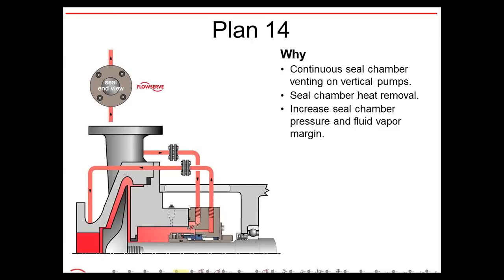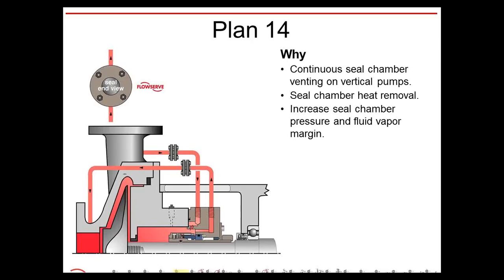So you get that automatic venting from the Plan 13. You'll get seal chamber heat removal, which you'll get from both the 13 and the 11. But now you can also add the increased seal chamber pressure to suppress the vapor point by using the Plan 11. So again, the Plan 14 is a combination of the Plan 11 and the Plan 13.